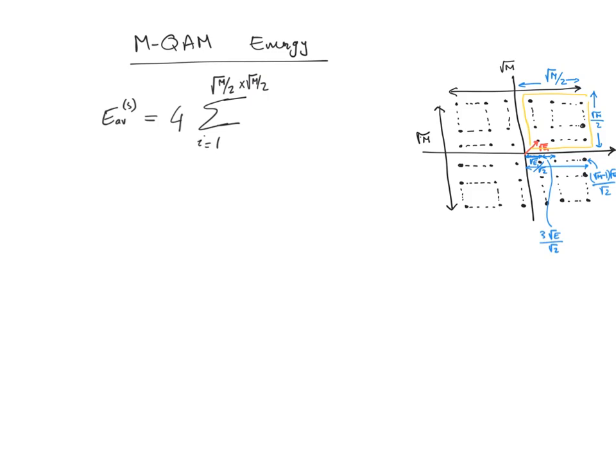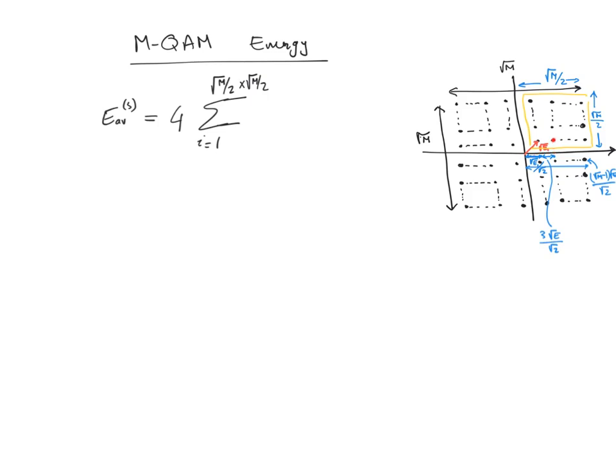Now, in addition to that, you have to notice that when we are calculating the energy, we are actually squaring these values, right? So the energy for this one is going to be the square of this distance. The energy for this one is going to be the square of this distance. Now, notice that these belong to a right-angle triangle here. So the square of this dimension is equal to the square of this plus the square of this, from Pythagoras, right?